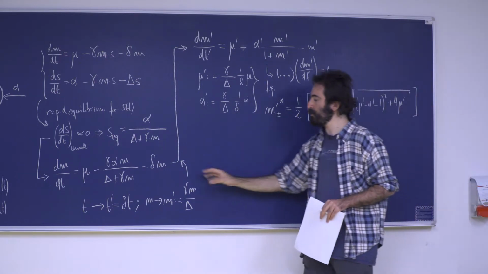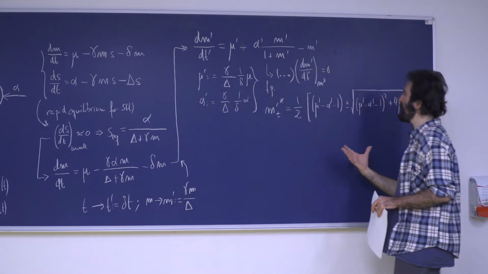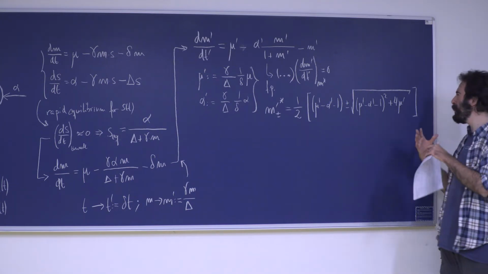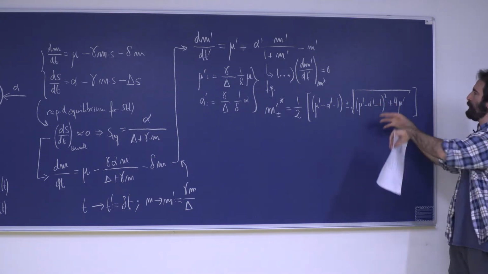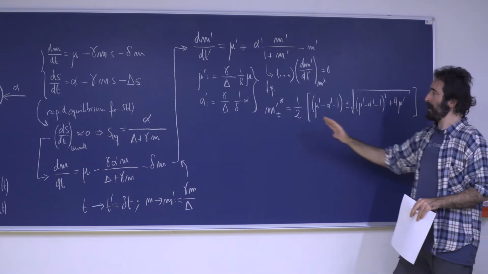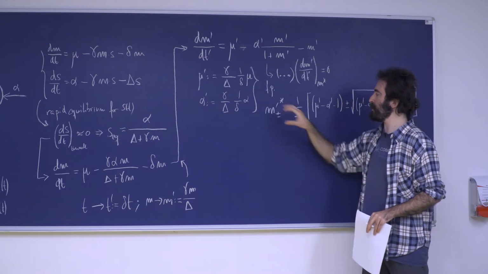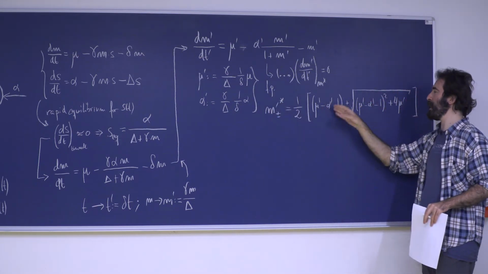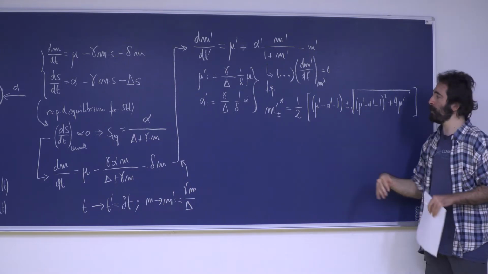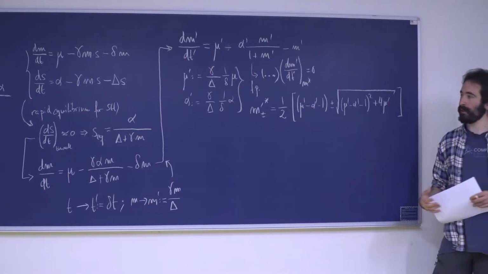So introducing all of these rescalings. In this case, this solution, which should be exactly the same if we hadn't done it, would look very ugly, right? There would be a lot of deltas and gammas in here, which they still are. They are both in the scale, in the units of m prime, and also in the units of mu prime, alpha prime, etc. But this is a little bit easier to work with, and that's the point of it.